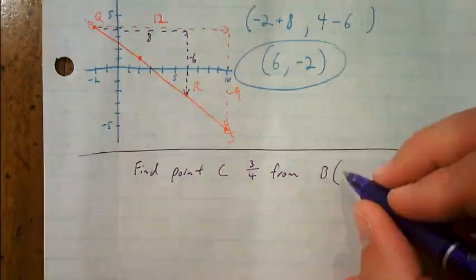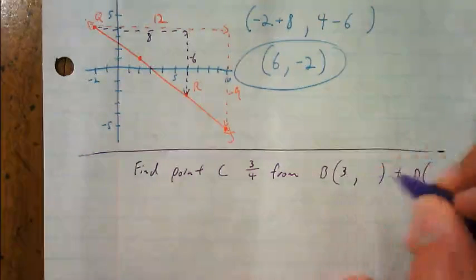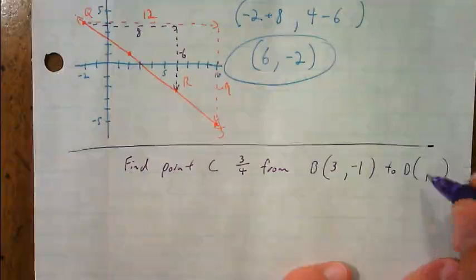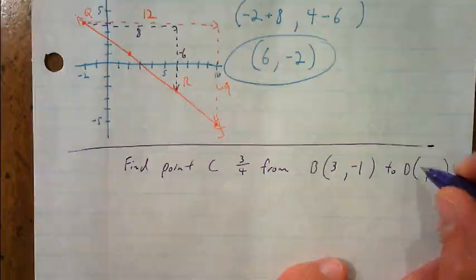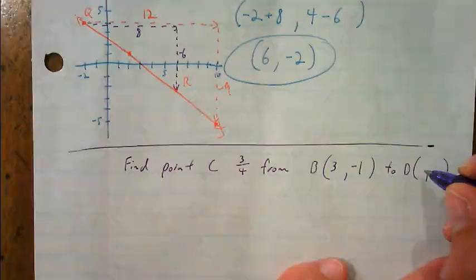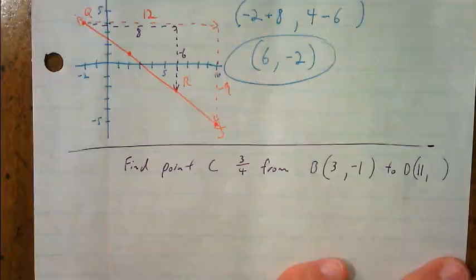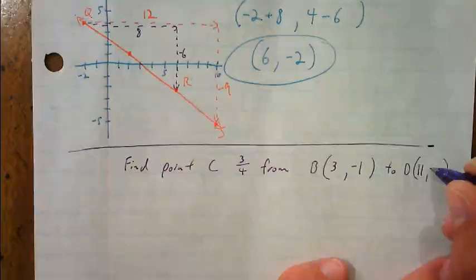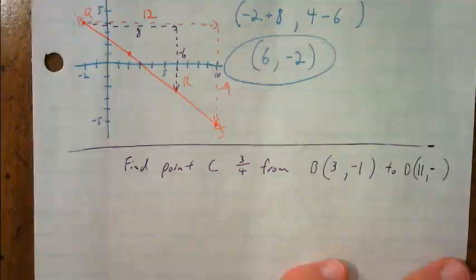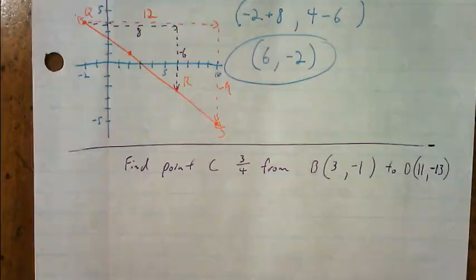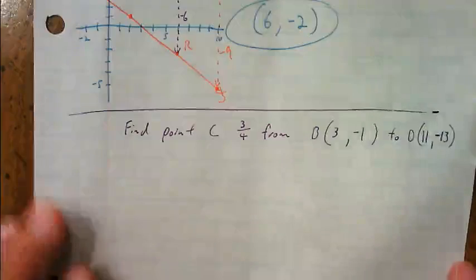Let's say we start off at the point (3, -1), and we end up at (11, -13). So this is what you'd be given for the problem.